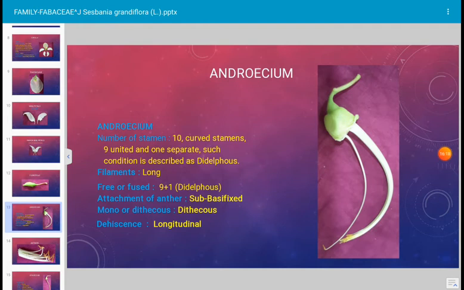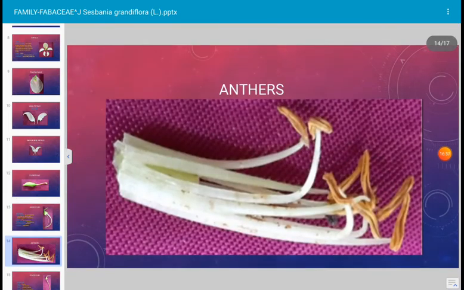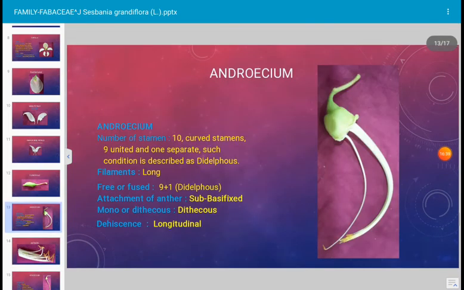And how does the dehiscence of the anther take place? The anther produces pollen grains inside the anther lobe, and after complete development of the pollen grains, the anther splits open naturally. In this case, the anther splits open by a longitudinal slit to release the pollen grains. Hence, the dehiscence of the anther is longitudinal.